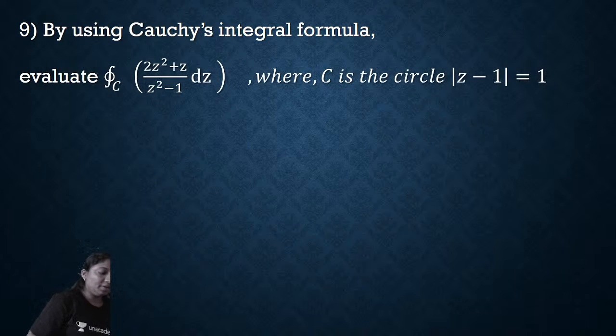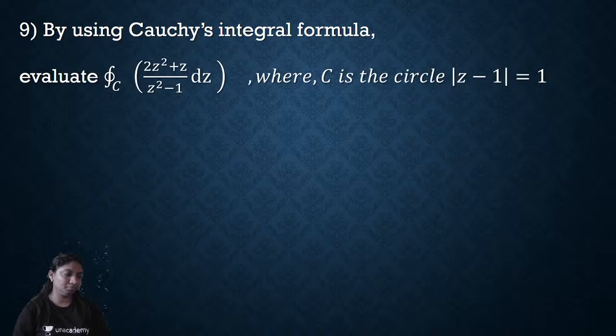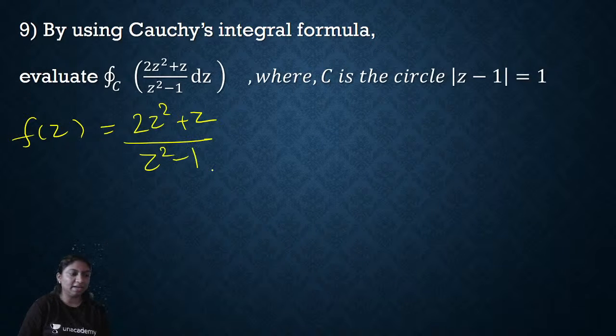So directly evaluate it. Here f of z is 2z square plus z upon z square minus 1.